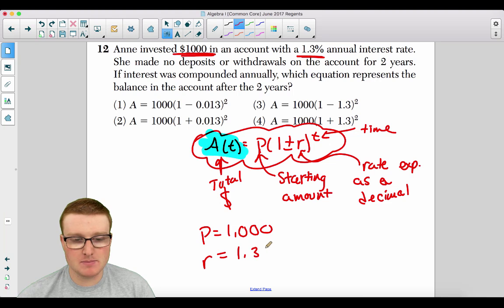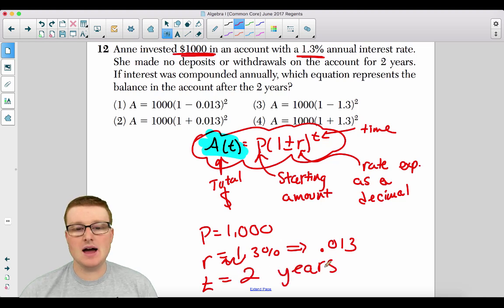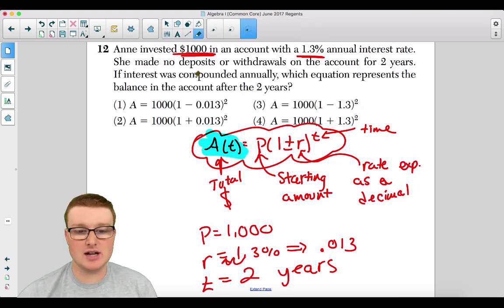So 1.3% changes to 0.013. You're moving that back 2 times, okay? And the T, which is your time, is 2 years. So now what you need to do is take all this information and plug it into the formula.